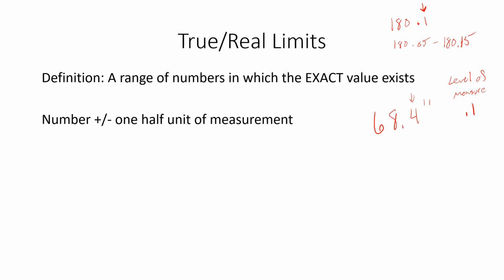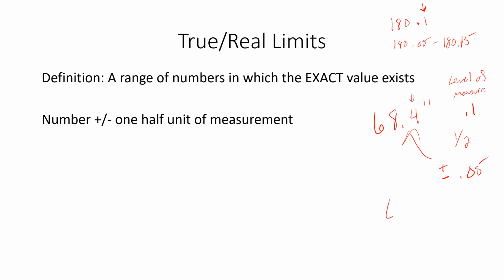It can go up by 0.1, down by 0.1. So half of that is 0.05. Half of 0.1 is 0.05. Now, we are going to add and subtract half of the level of measurement to that 68.4.